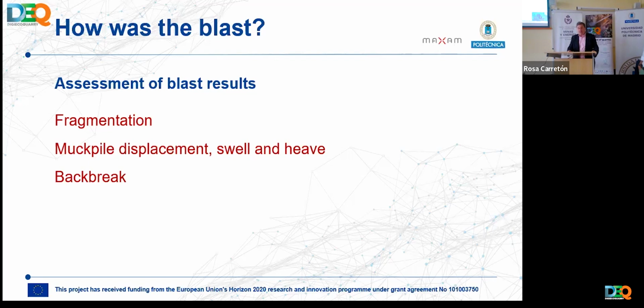In any case, all that must be based on a good geometry base. You must get hold of a good geometry base in order to build all these maps, and everything must be built on a good geometrical base. So now, after blasting, how was the blast?